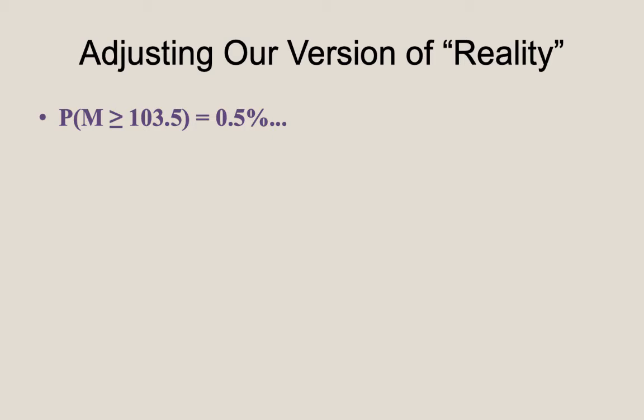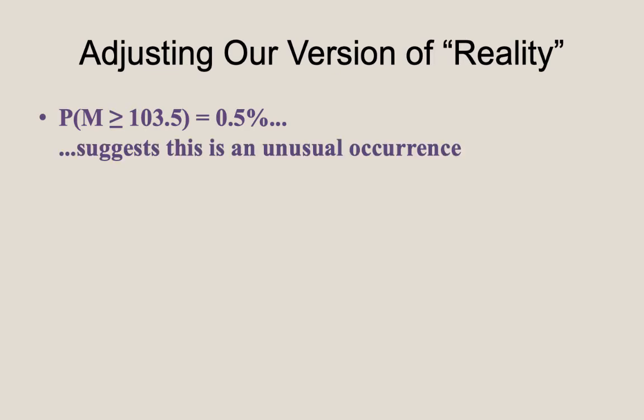Well, if we are using a cutoff of 5% or 2% or 1%, this probability is less than that alpha level, or that arbitrary cutoff value we are using to classify an event as unusual or not. So either we observe something uncommon, something that happens only 1 out of 200 times, or something else is at play.